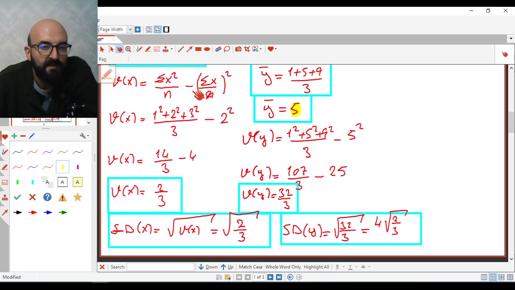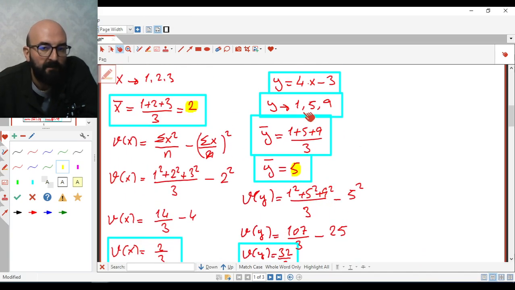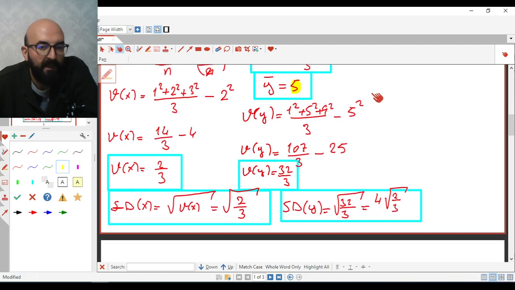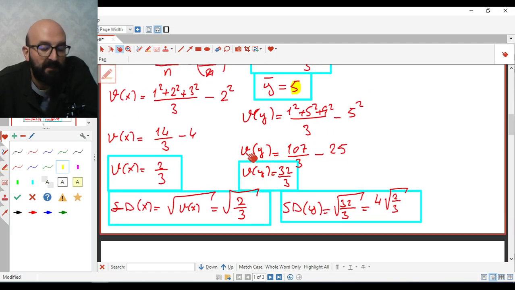And the variance is 1 square plus 5 square plus 9 square over 3 minus the mean of y square, and the variance of y becomes 32 over 3, and the standard deviation, the square root of variance, becomes 4 multiply the square root of 2 over 3.